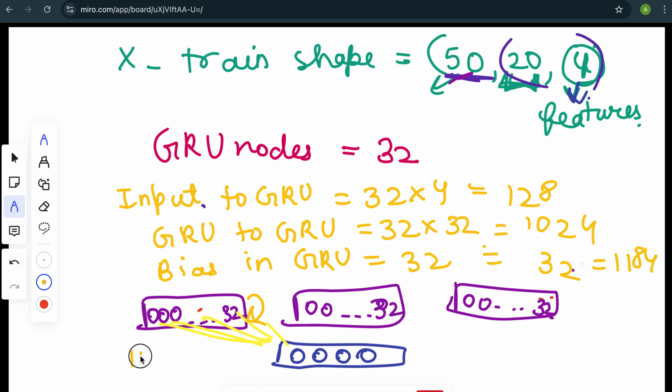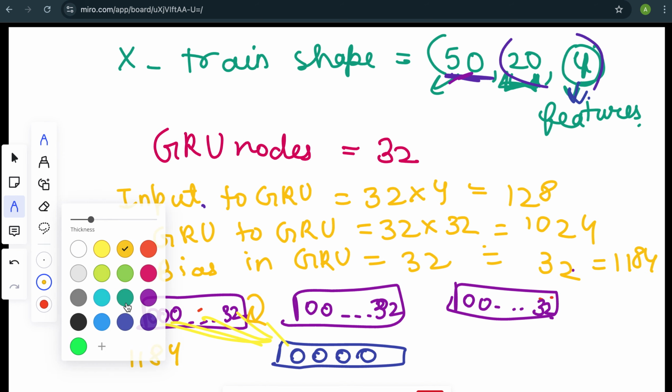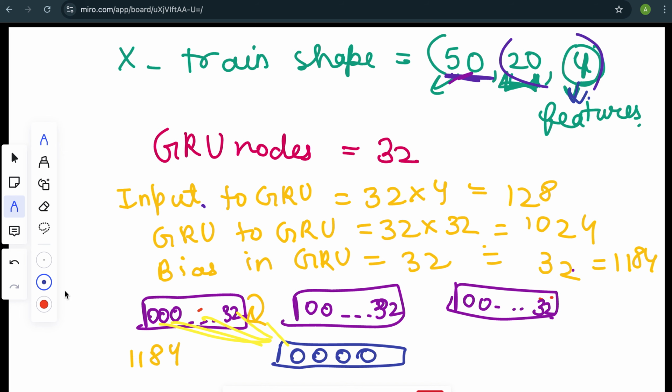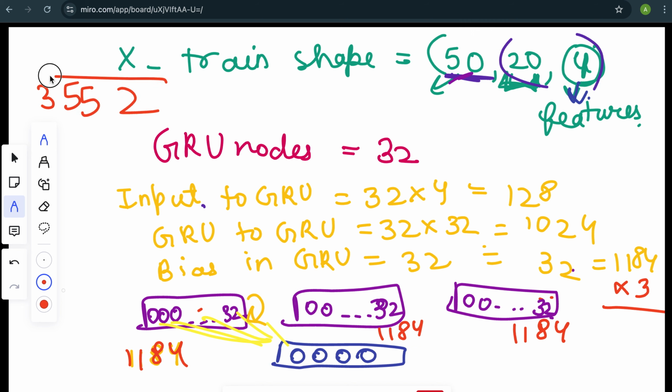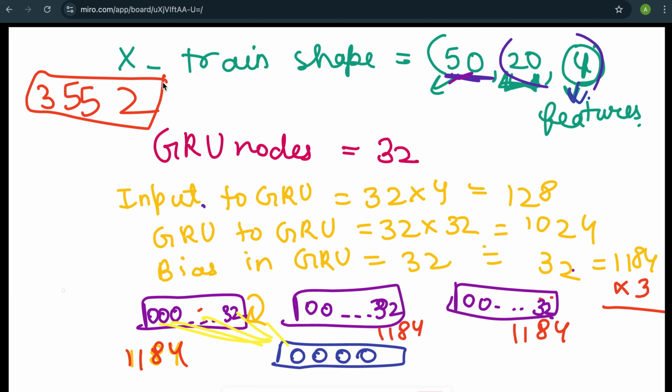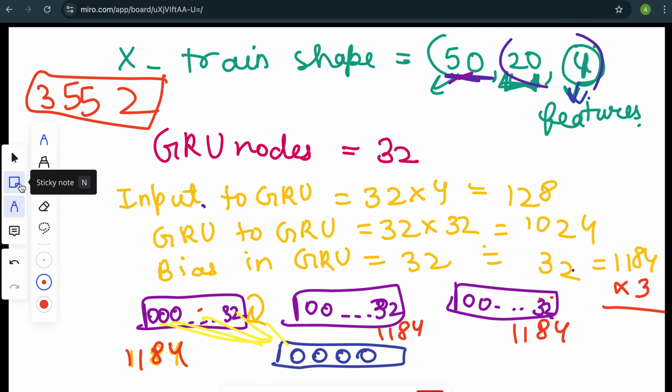So 1184 for this box, 1184 for this box, 1184 for this box. So basically we'll just multiply it by 3, which came out to be 3552. The total number of trainable parameters for this GRU layer will be 3552.